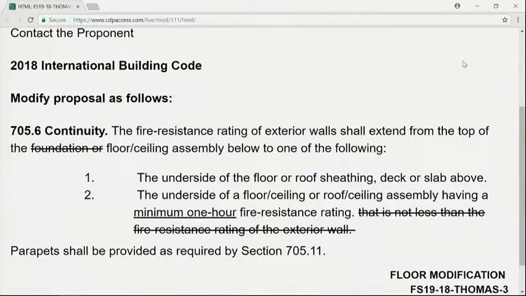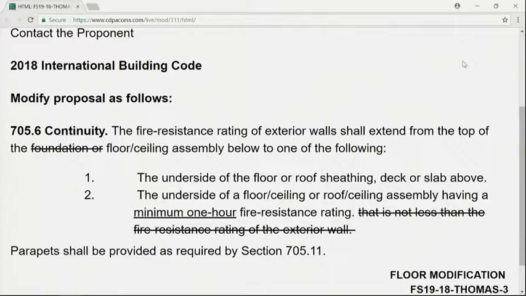Thank you. Question: what if there's no floor/ceiling assembly below? Then where do you start? I guess you're talking like a knee wall or something like that? Trying to picture what you're talking about. No floor? I guess you'd start at the lowest part of the building there, and if you want to say foundation, I guess you'd say foundation.